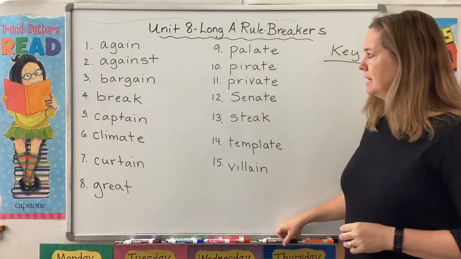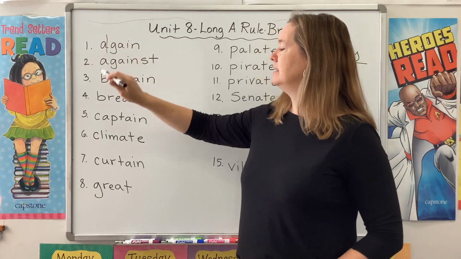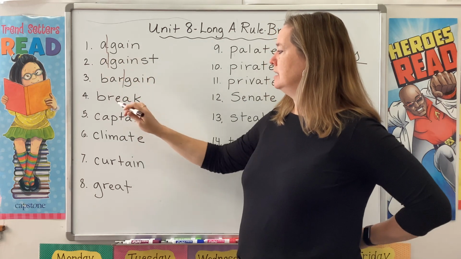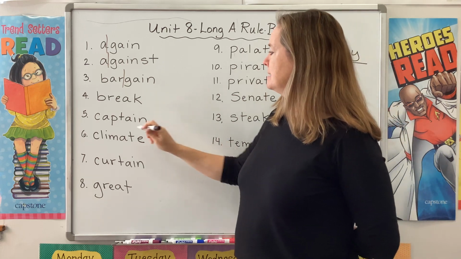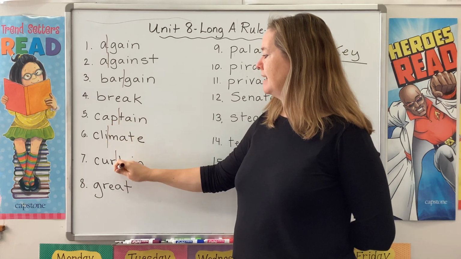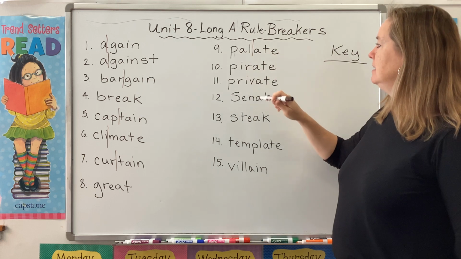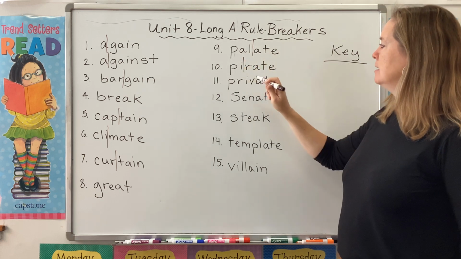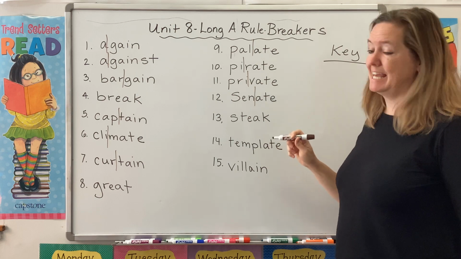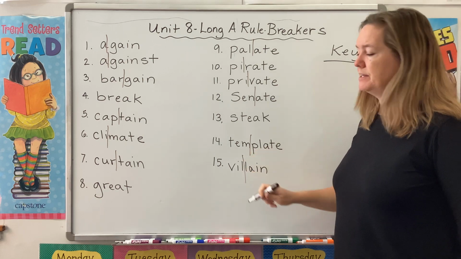So just as we always do, let's break our words into syllables, starting with again after the A, against after the A, bargain after the R, break is 1 syllable, captain after the P, climate after the I, curtain after the R, great is 1 syllable, palette after the L, pirate after the I, private after the I, senate after the N, stake 1 syllable, template after the M, and villain between the double L's.